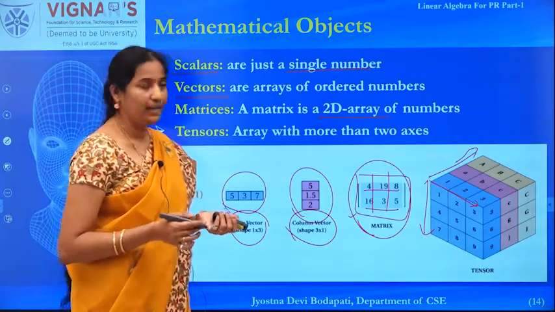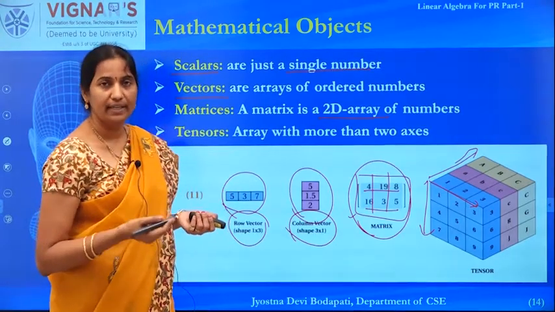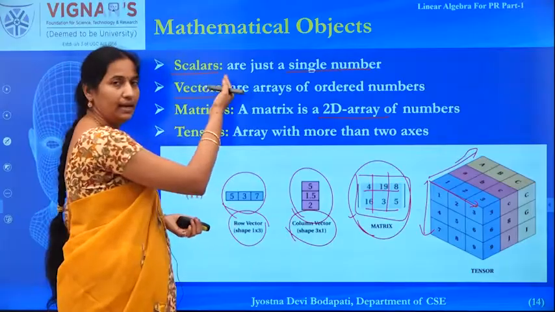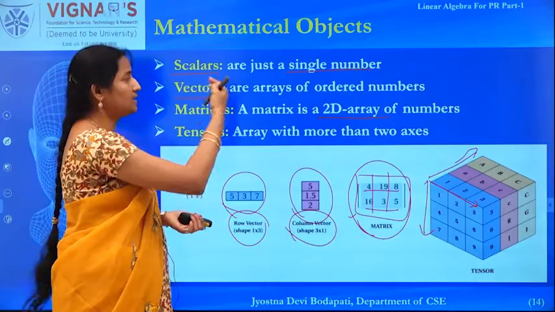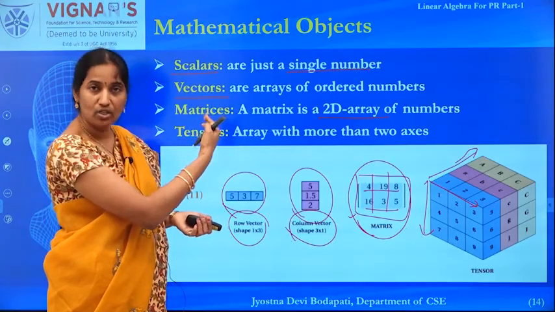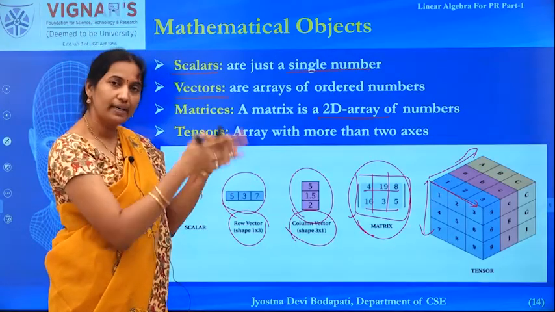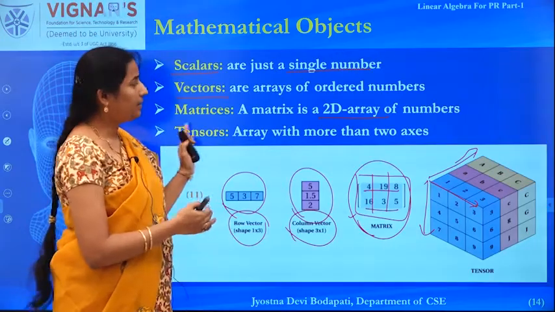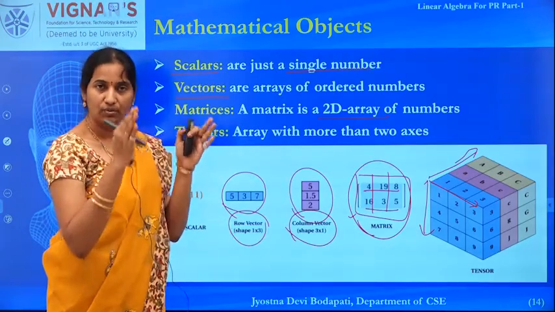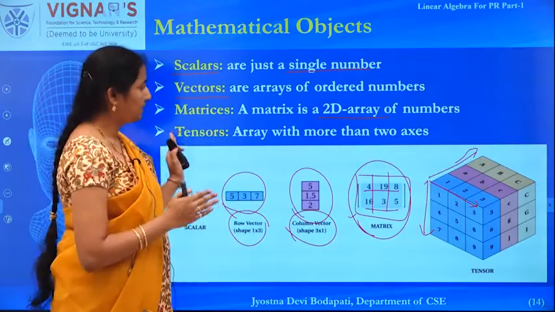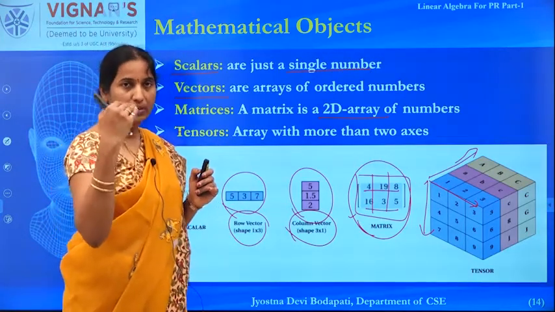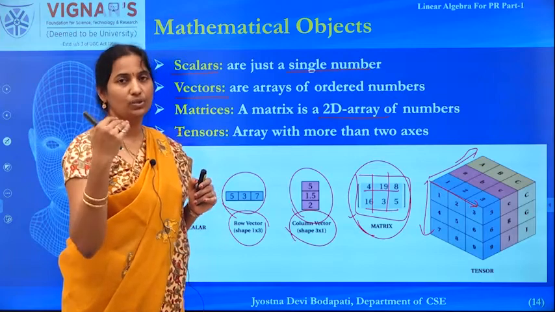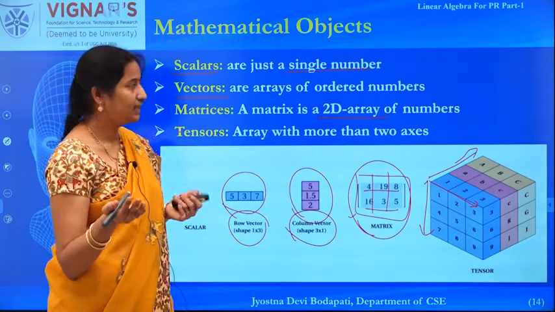Depending on the way you are representing your data, the names are given as scalars, vectors, matrices, and tensors. A scalar is a single number, a vector is a collection of numbers either in a row format or in a column format, a matrix is a two-dimensional representation with a set of rows and columns, and a tensor has more than 2 dimensions, so greater than or equal to 3 dimensions, you can call it a tensor.